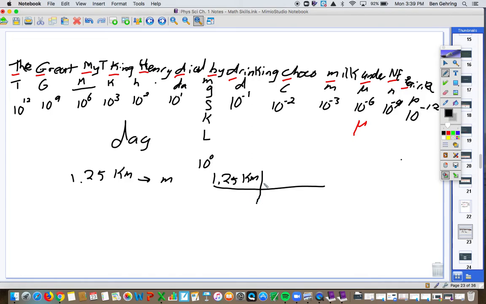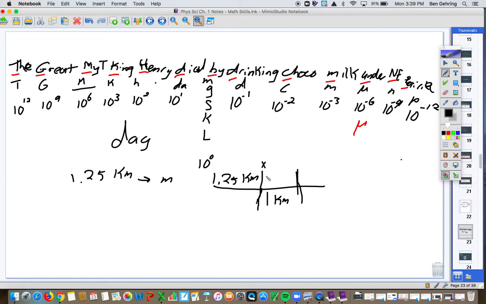Everything separated by a vertical line is multiplied, so put a little multiplication sign up here. And this big long one underneath represents the division bar. Remember I have to cancel out units. So in this case I have kilometers on bottom, and kilo means 1,000. So 1 kilometer is the same as 1,000 meters.